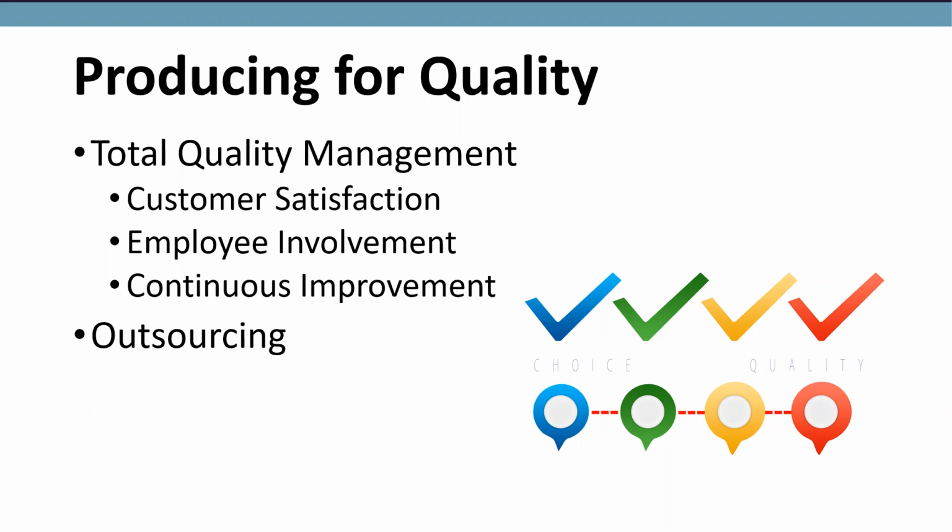Improvements can almost always be made to increase efficiency, reduce costs, and improve customer service as well as satisfaction. Everyone in the organization is constantly on the lookout for ways to do things better.